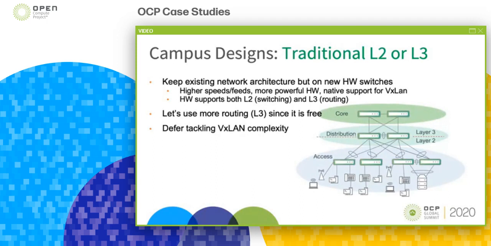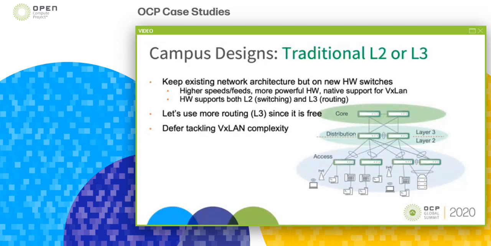The CPUs are more capable, you have larger memories, you have much more drive capacity. There's also, for a lot of these devices, native support for VXLAN. So even if it's not an immediate priority to enable VXLAN, knowing that that is supported allows operators to plan for a future evolution of their network to exploit some of those capabilities.